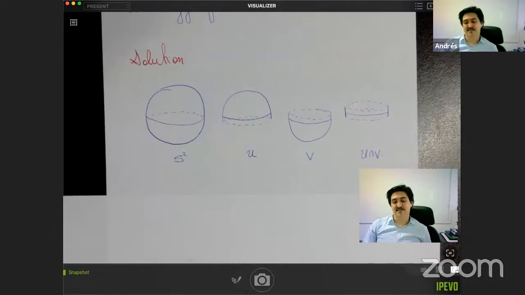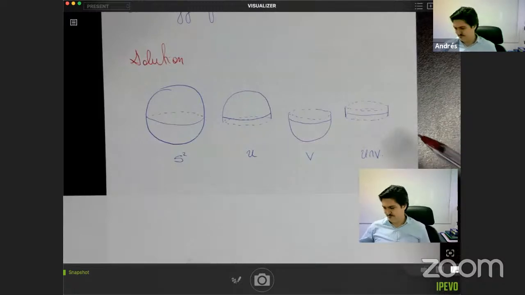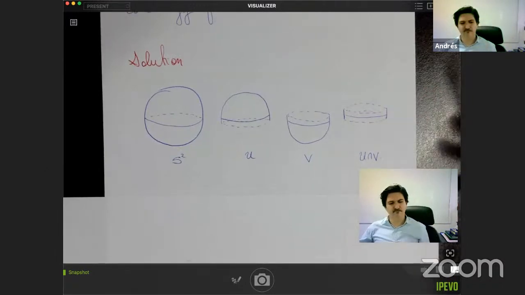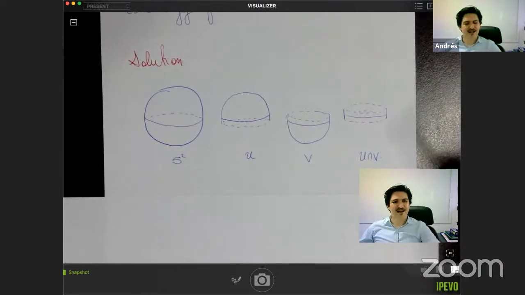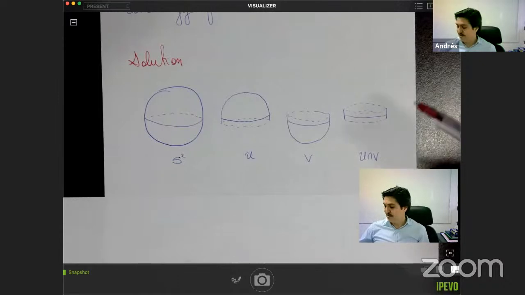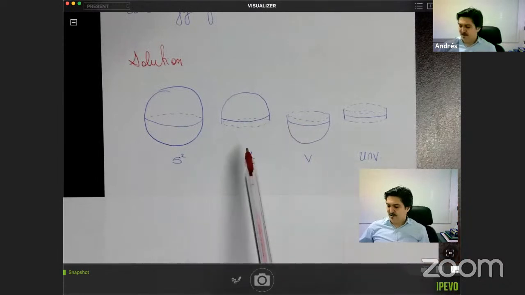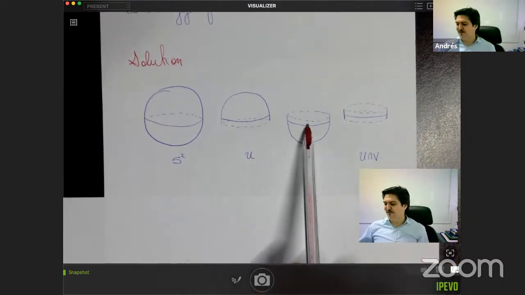The same for V. It is the southern hemisphere, and I go a little bit above the equator. And so the intersection of the two, we can think of it as a cylinder. Although it is a little bit curved here, it is basically an equator. A cylinder. Now, a question. Do you know the cohomology of these three spaces?